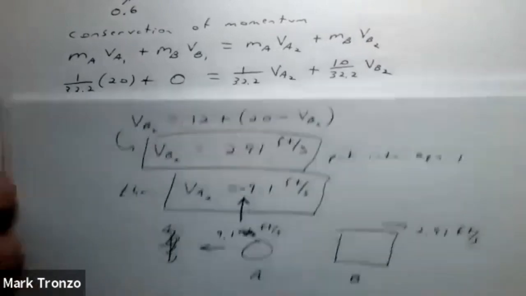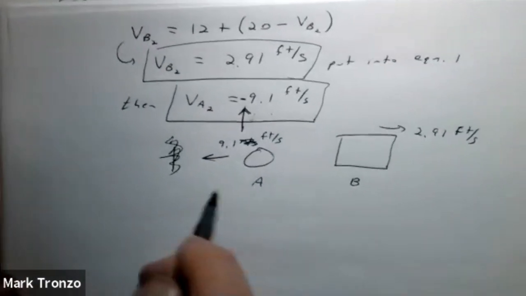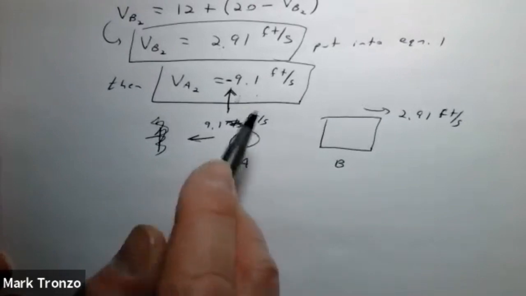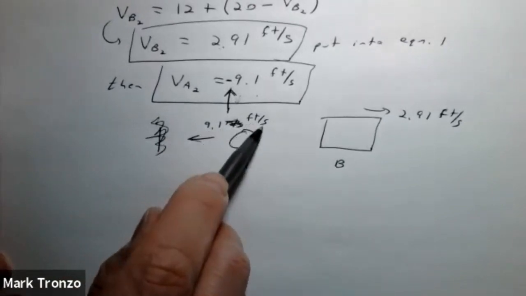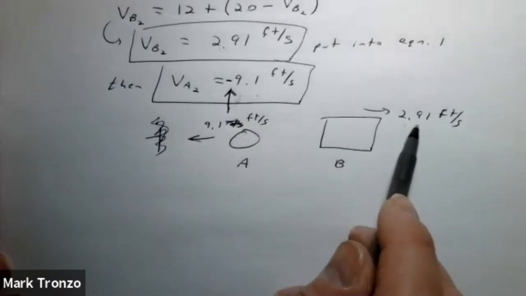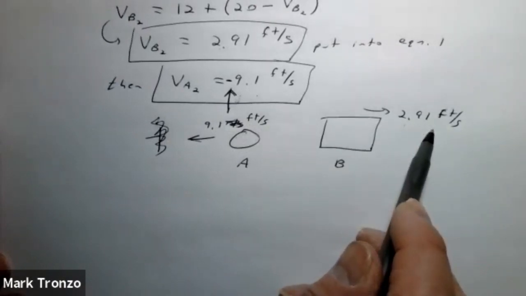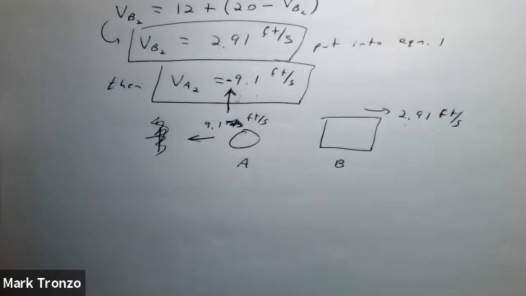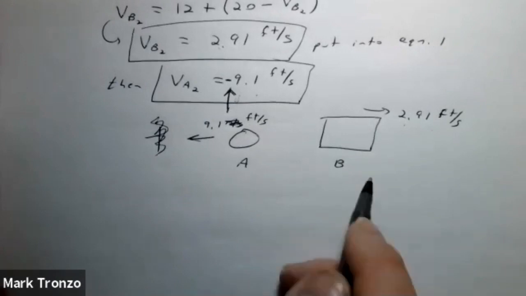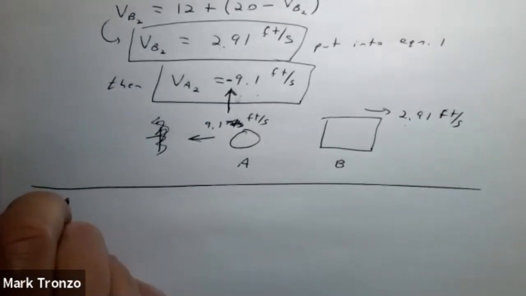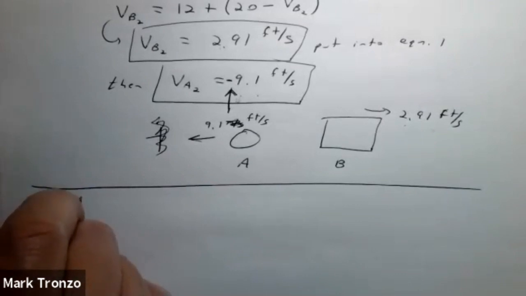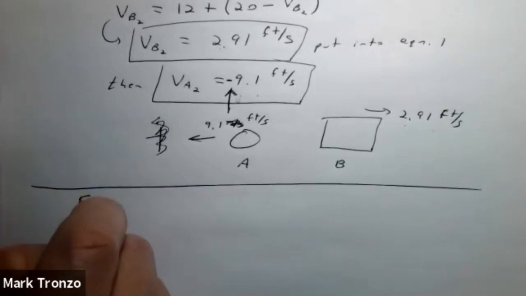So that's what we have after the impact: A is moving to the left at 9.1 feet per second, B is moving to the right at 2.91 feet per second. And so they want us to find how long it's going to take to stop. So focus on B.